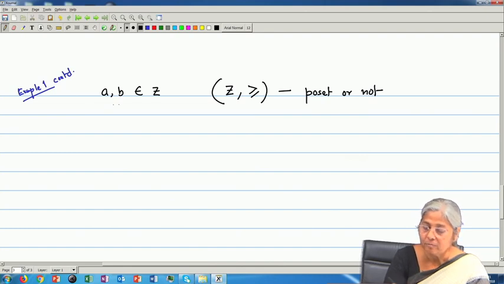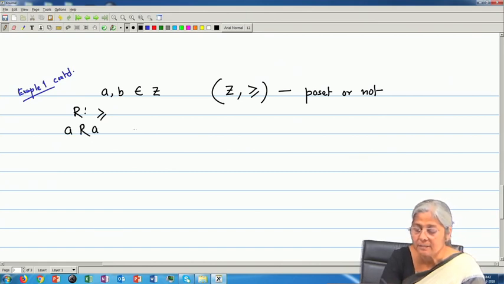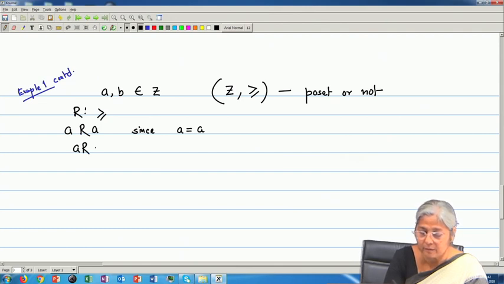Now, if I write A R A, since A equals A, A R A holds, A R A is true. So, the relation is reflexive.